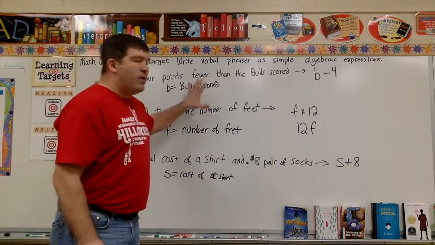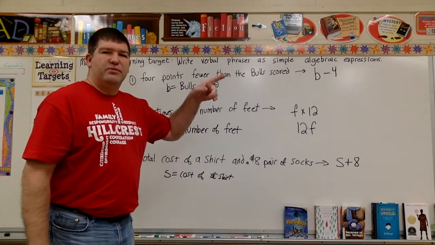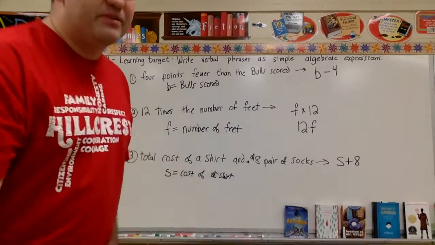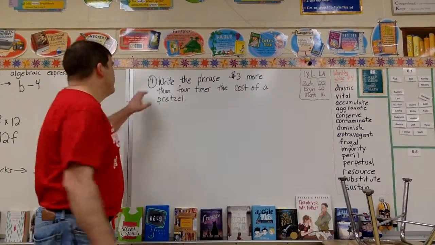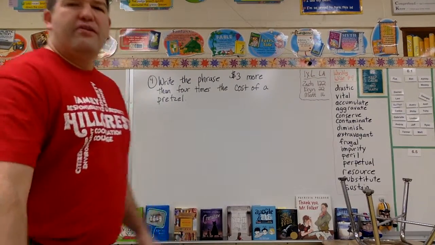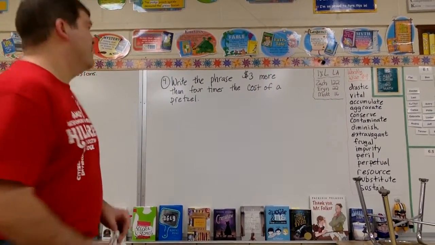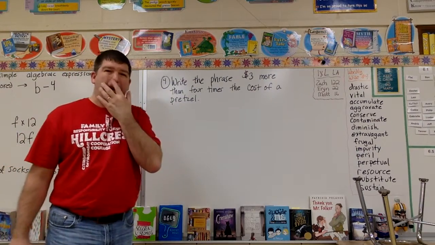When it's just a one-step, it's not as bad as when it becomes a two-step. So let's go do one two-step one. They're a little bit more complex. Okay. So this one says, write the phrase $3 more than 4 times the cost of a pretzel.